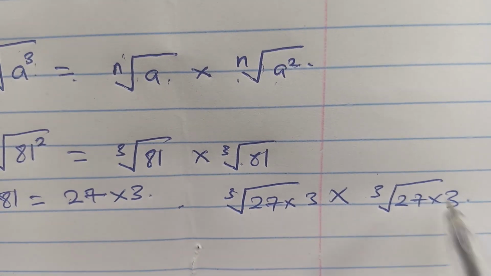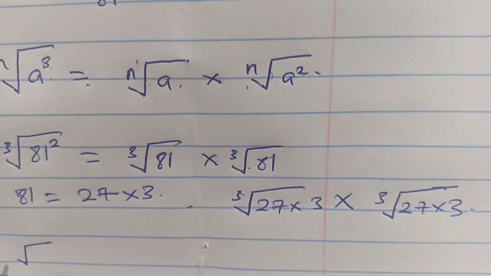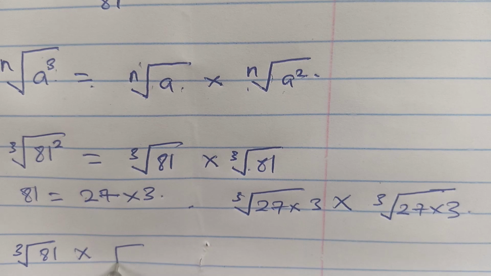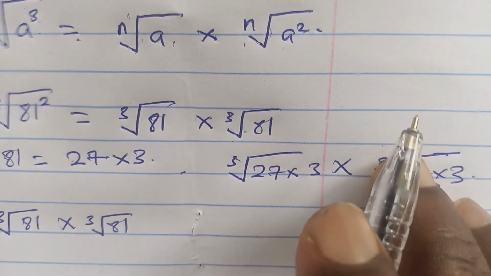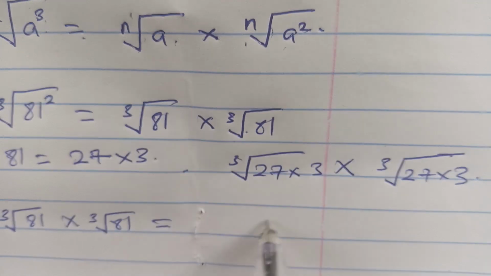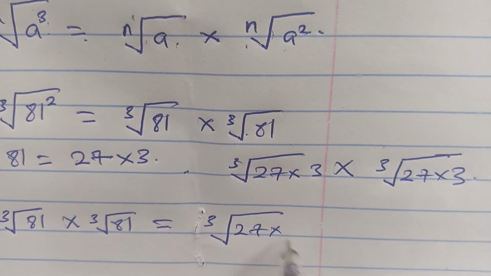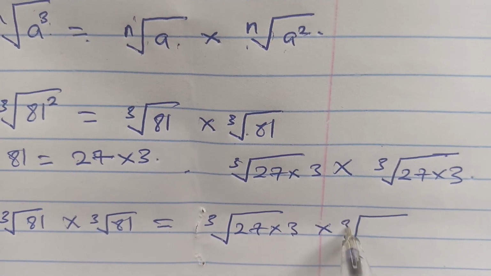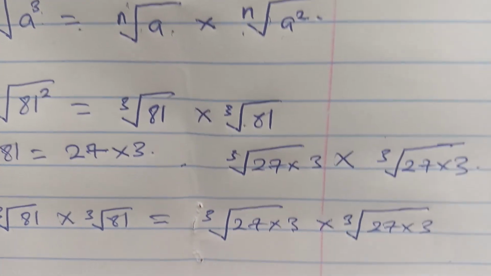Okay, so this is what I'm now having. The cube root of 81 times the cube root of 81 is equal to the cube root of 27 times 3 times the cube root of 27 times 3.